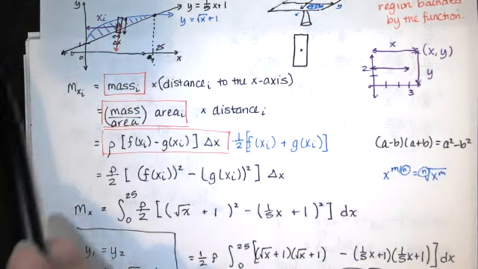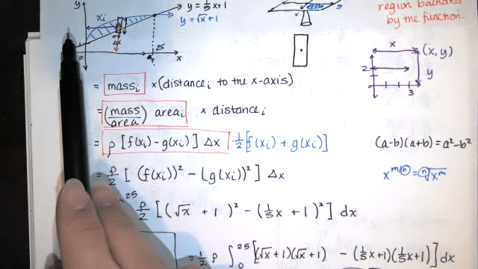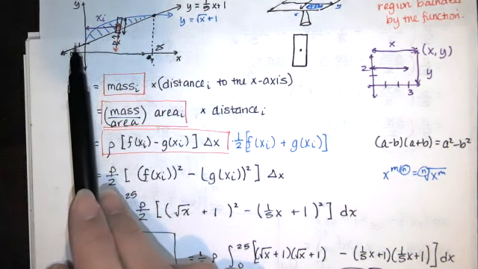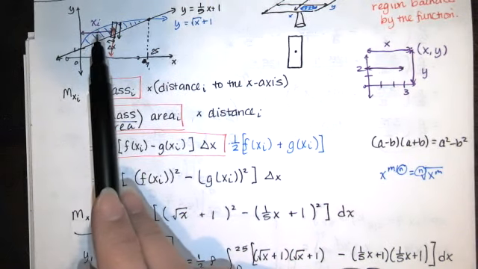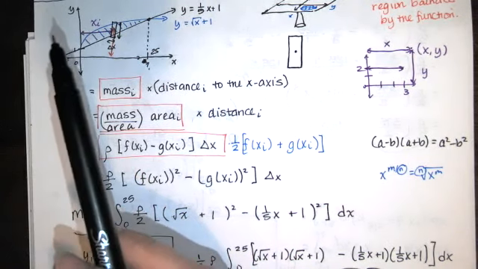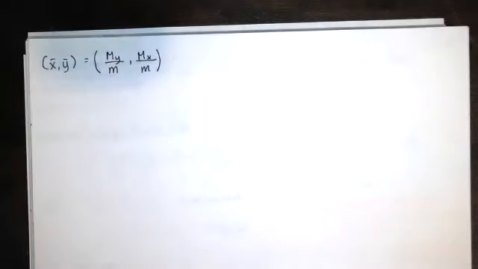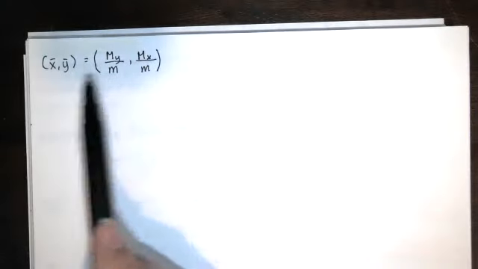And when we found the moment about the y-axis, it involved a distance to the y-axis, but the distance to the y-axis was an x value. So these distances were sort of the opposite of what we would expect, which is why these formulas involve moments that are sort of the opposite of what we would expect.